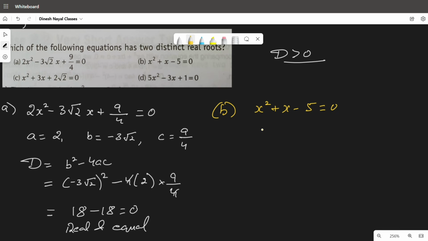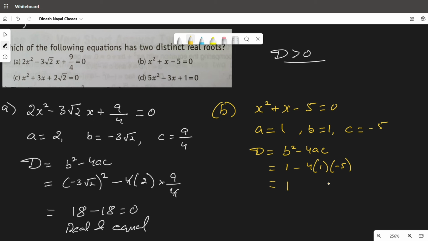Now over here, A is 1, B is 1, and C is minus 5. So now the discriminant is b square minus 4ac, which is equal to 1 minus 4 into a, and this is minus 5.